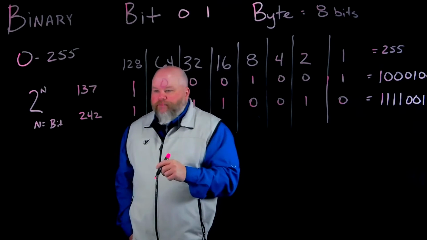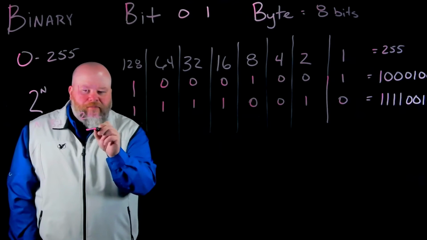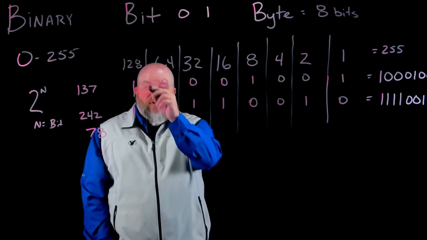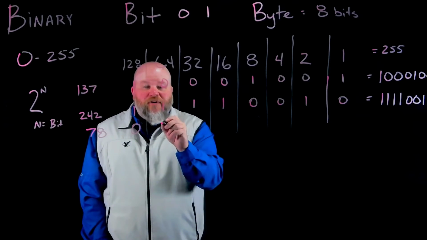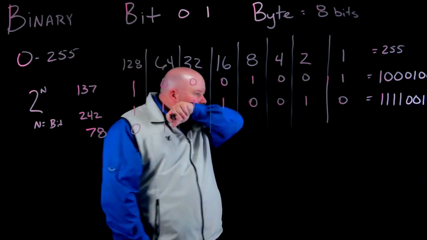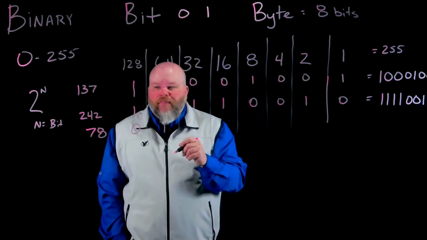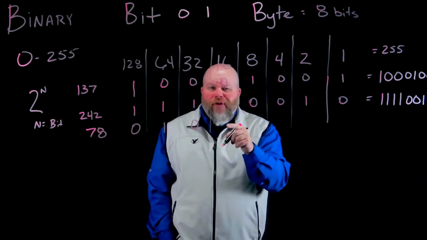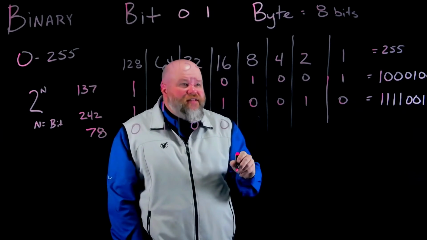It'll become very, very important that you understand how to do this type of binary math. Let's do one more. Let's do 78. So with 78, we can say 128, no. 64 is a yes. 32, no. We have a remainder of 14 currently, by the way. 16 is a no. 8's a yes.